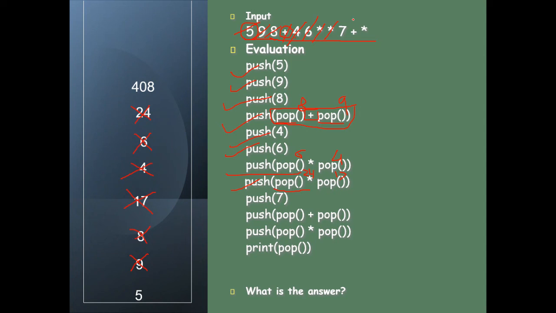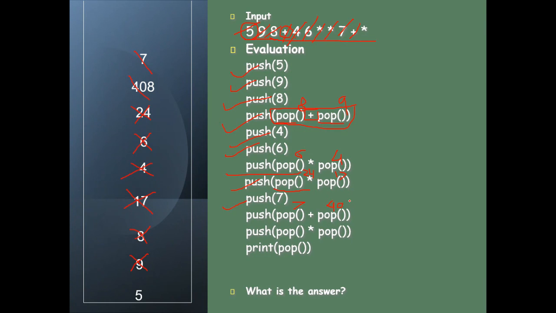Then the next symbol is 7. 7 is an operand, so you have to push it. So we have inserted 7 here. Then plus is the operator. As the operator comes into the picture, you are going to pop two recent values from your stack. The first recent value is 7, so this 7 will be popped out from the stack, and the next value is 408, which will also be popped out.